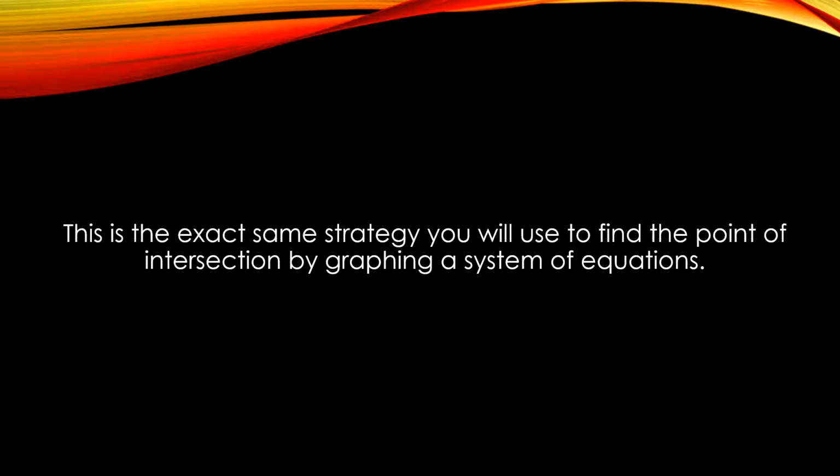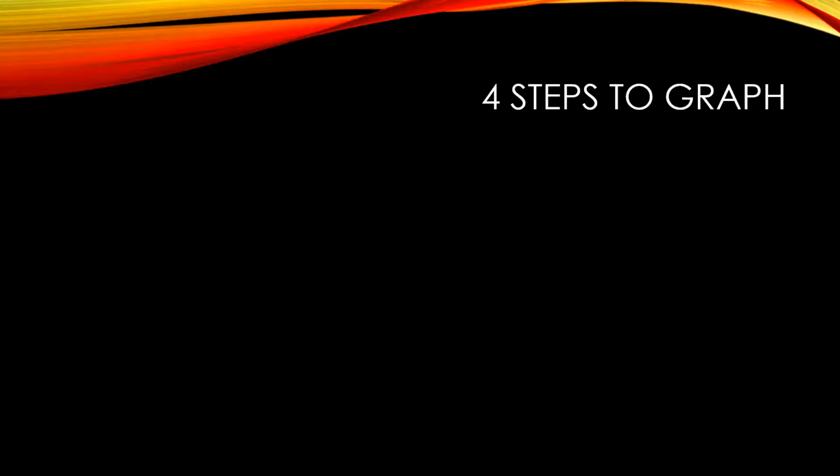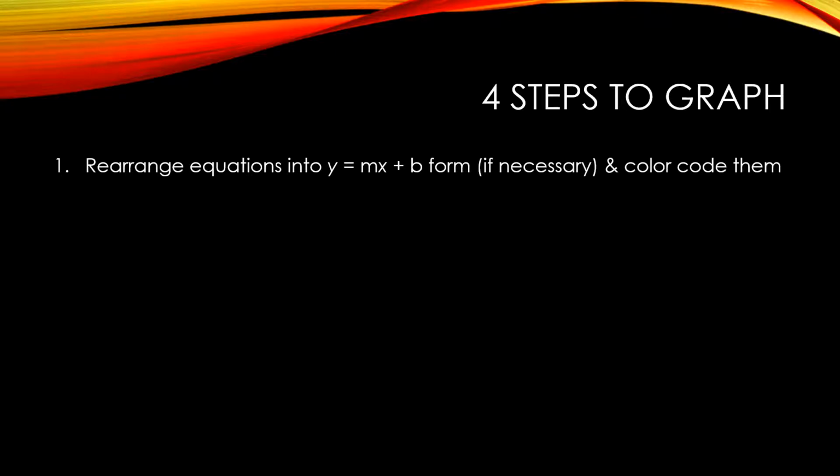This is the exact same strategy you will use to find a point of intersection by graphing a system of equations. Here are the 4 steps to finding a point of intersection by graphing. Step number 1, rearrange the equation into y equals mx plus b form, if necessary, and color code them.